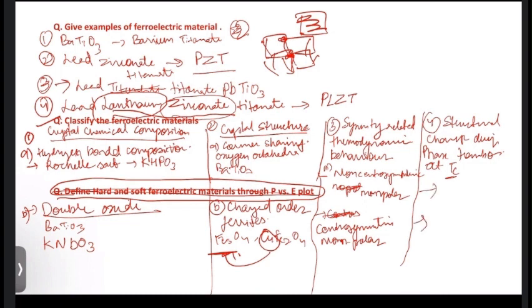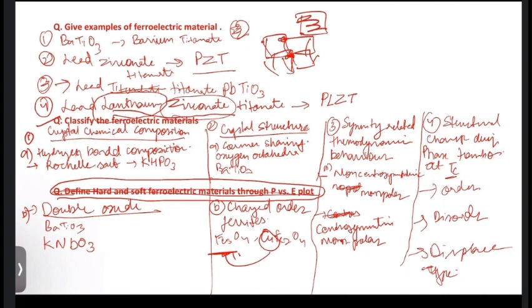Another classification: order-disorder and displacive type.